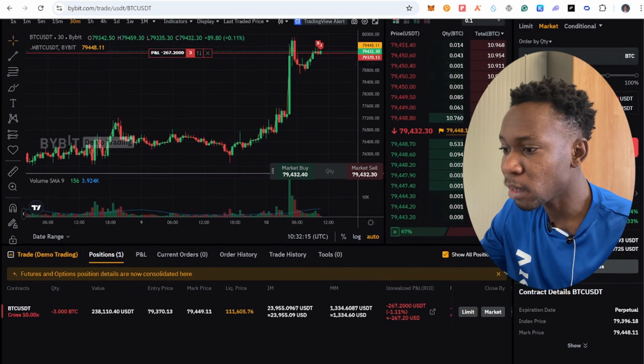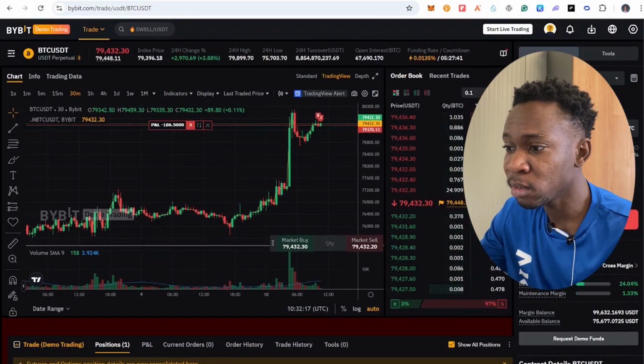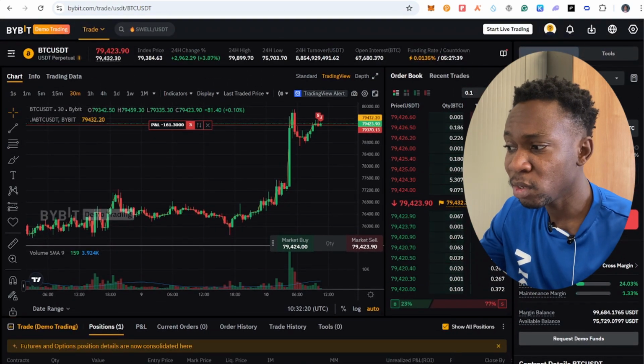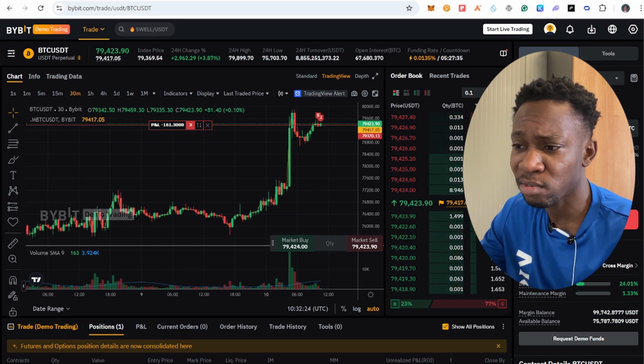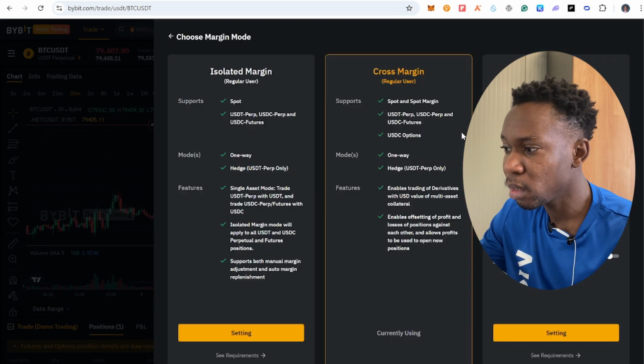So this is how this demo works, and you can just come over here and trade whatever strategy you want to try out. You can always change between cross margin and isolated margin.